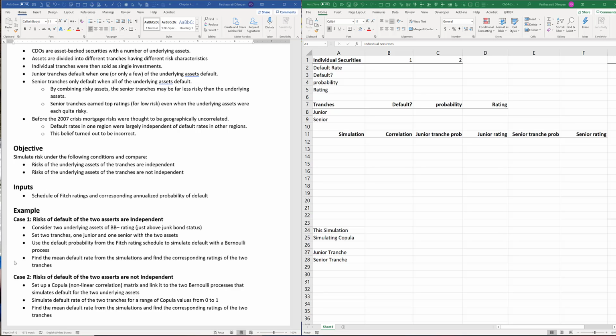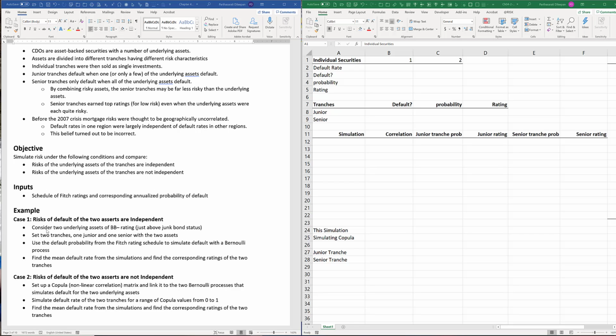Then we will introduce interrelationship between the two assets underlying the tranches, and we use what is called a coupler. In this example, we're just going to apply the coupler, and in the next lesson, we'll talk about what it is and try to understand what that means.